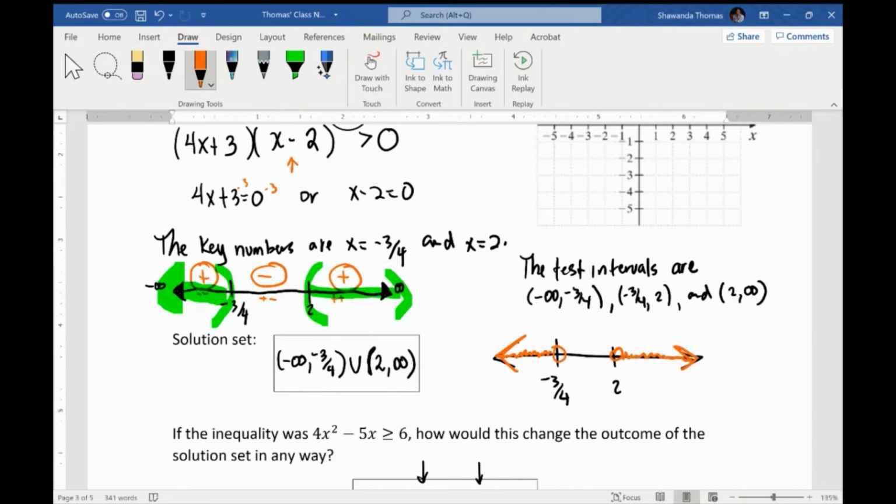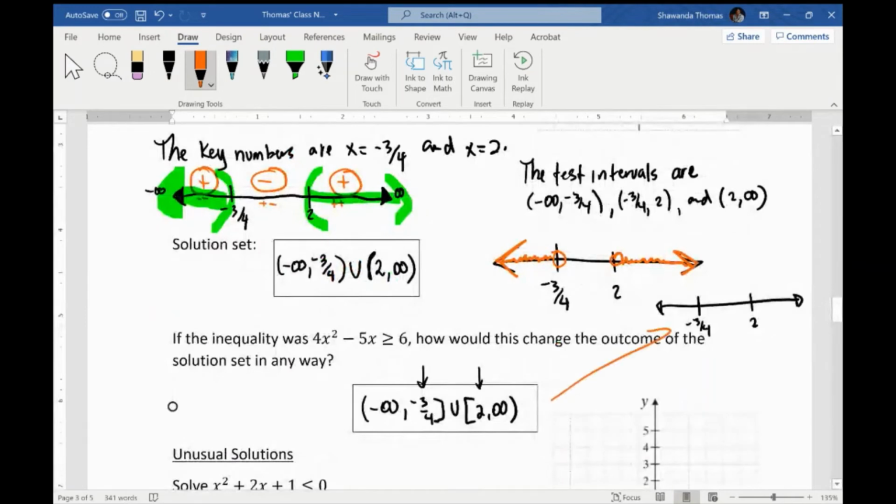Or they could have done it that way. And then if it was this answer, you may have seen a closed circle. I don't know how your teacher did it, but all of this means the same thing. If it was a bracket, it would have been like this.